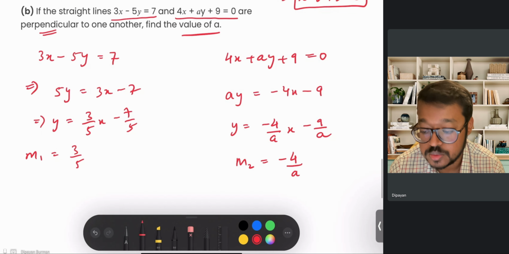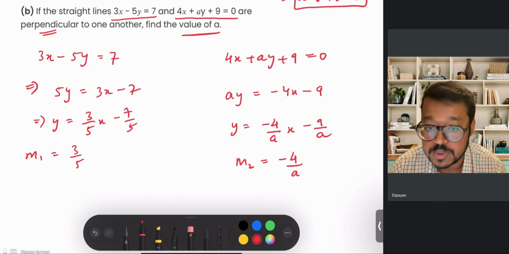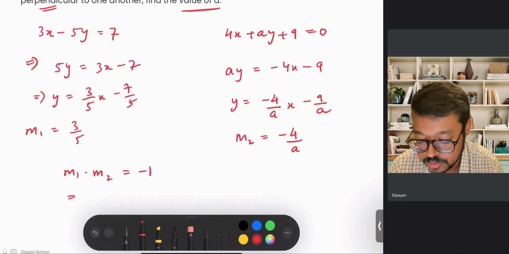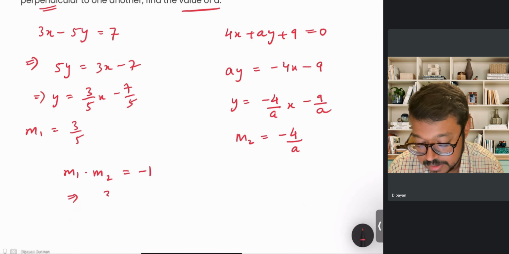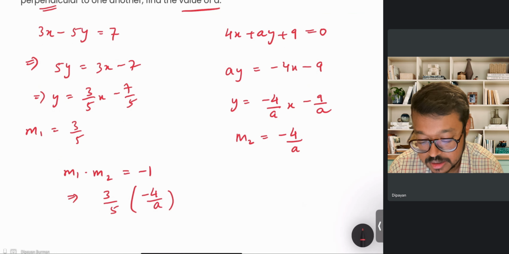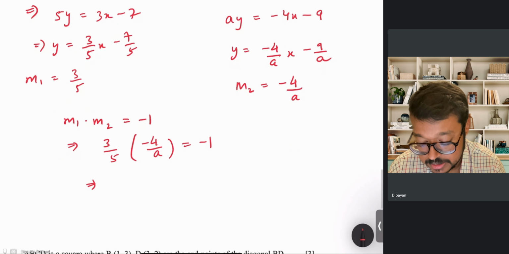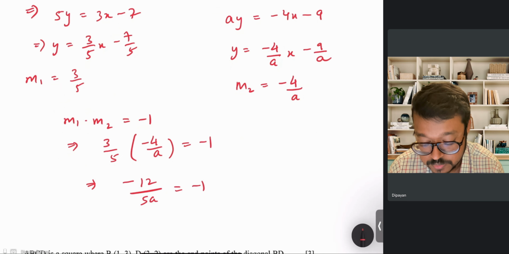And now these two lines are perpendicular to one another. So the product m1 into m2 is equal to minus 1. So I will have 3 by 5 multiplied by minus 4 by a is minus 1. So that means minus 4 3s are 12 by 5a equals minus 1.